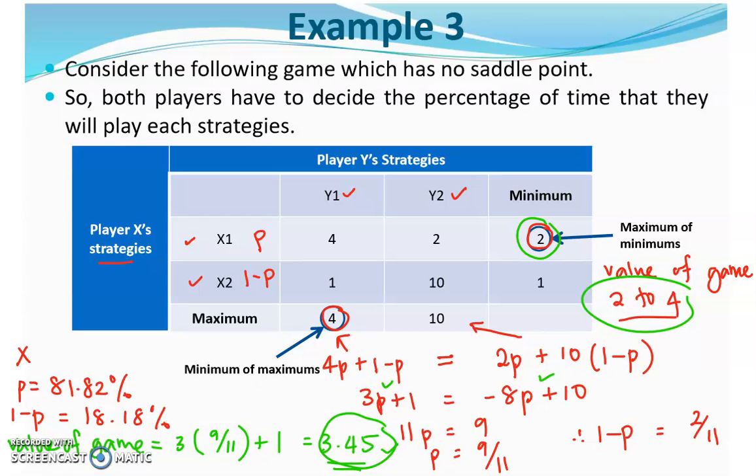Then for player Y, remember player Y tried to find the minimum and player X tried to find the maximum. So player Y, instead of 4, can now reduce to 3.45. So both players will get a better result.